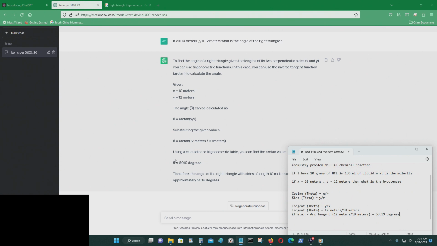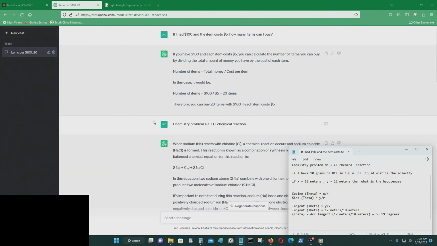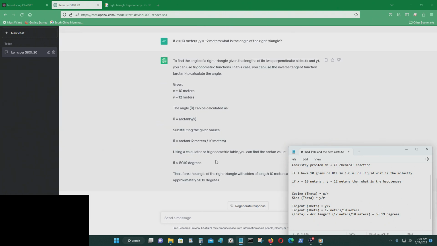Back when I was going to college, we didn't have anything that could do anything like this. We did have graphing calculators and stuff like that, but nothing like this. This is actually something that has some cognitive abilities, and this is a pretty powerful tool.